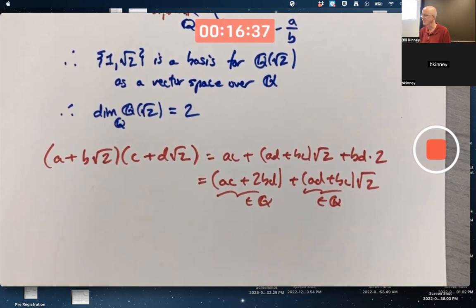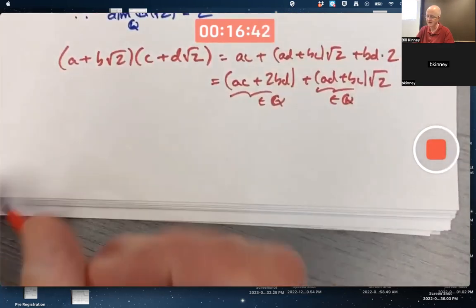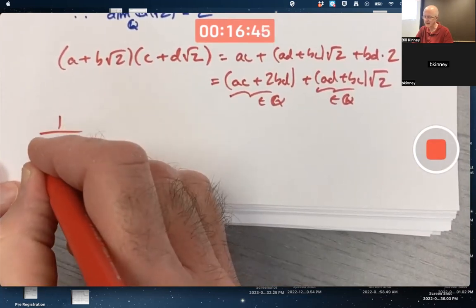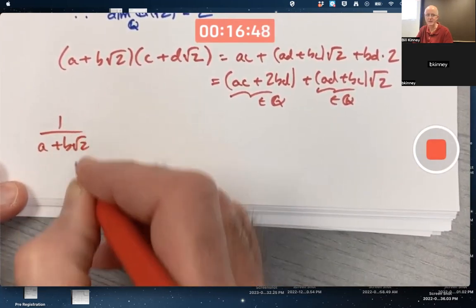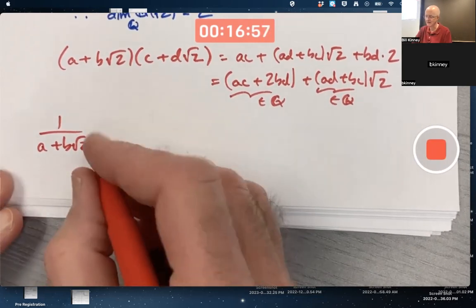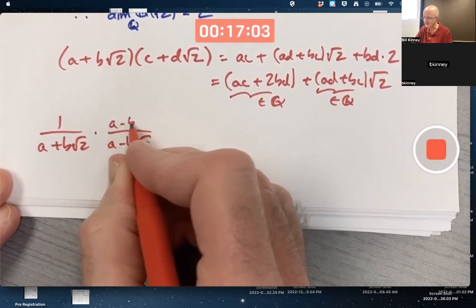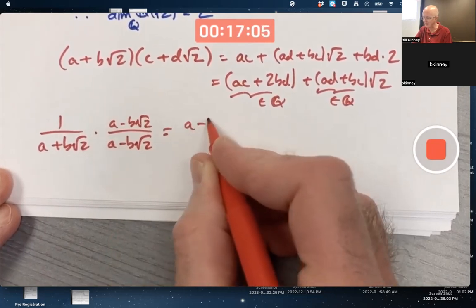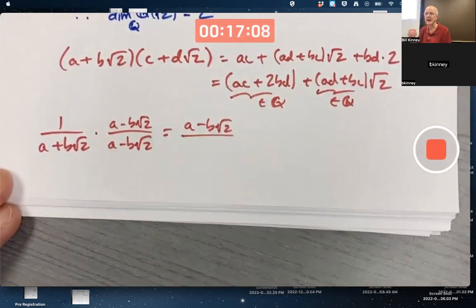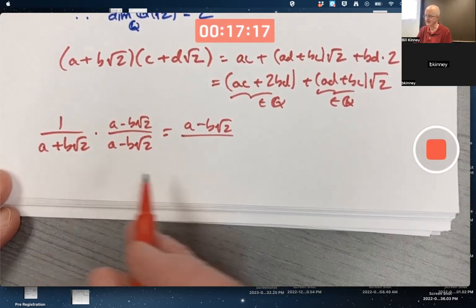Closure under reciprocals, multiplicative inverses. We did that the other day as well, but let's do it again. What's the multiplicative inverse of A plus B times square root of 2? Well, certainly in the real numbers, it's 1 over A plus B times square root of 2. But is this an element of the field we're talking about? You've got to do a little trickery. Multiply the top and the bottom by A minus B times square root of 2, kind of like a complex conjugate, except it's not a complex conjugate, it's a conjugate in this field with the minus sign here.